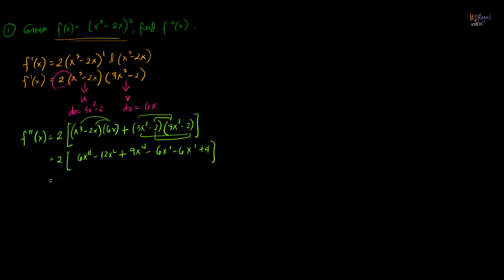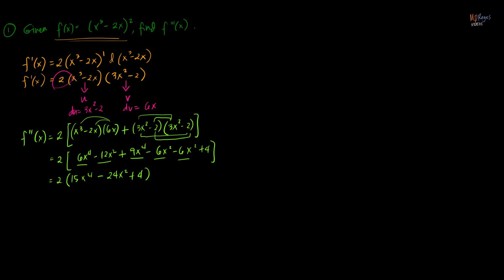Okay, now we combine like terms inside. So this and this can be combined, and that will give us 15x to the 4th. Okay, negative 12x squared minus 12x squared is negative 24x squared, and then the constant.